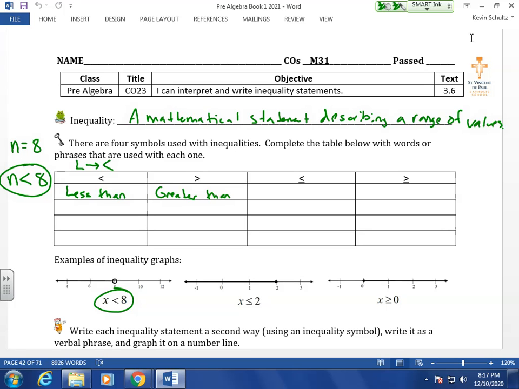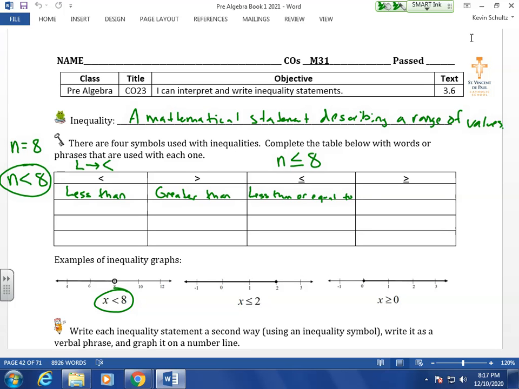The next symbol is the less than or equal to symbol. So the difference between less than and less than or equal to is if I have the inequality n is less than 8, 8's not a solution to that, right?